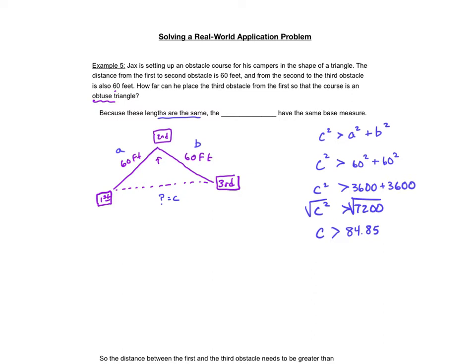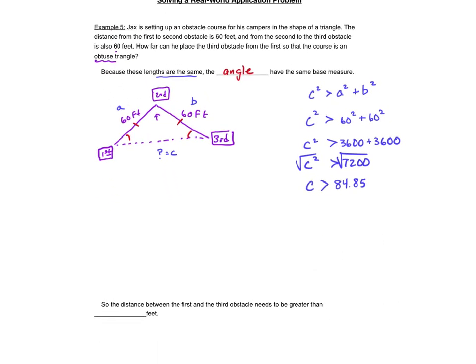Skipping back up to that question, what do we know if we're looking at this real quick? Something I didn't identify is that I have an isosceles triangle, and because this length is equal to this length, this angle is equal to this angle, so the angles have the same base measure. Because we have an obtuse triangle, c would have to be that. So the distance between the first and the third obstacles needs to be greater than 84.85 feet.